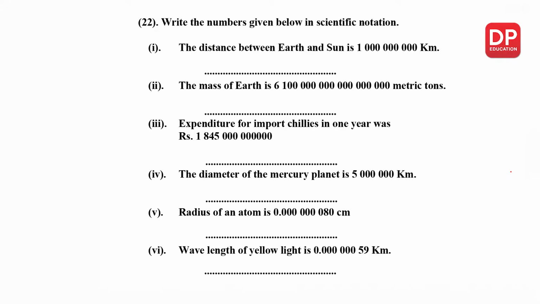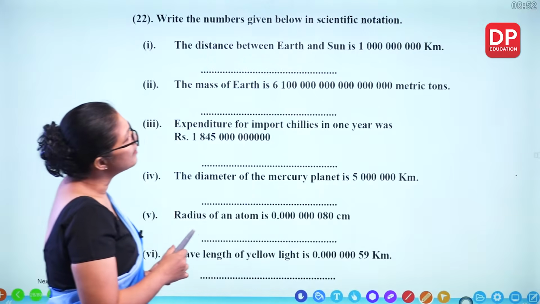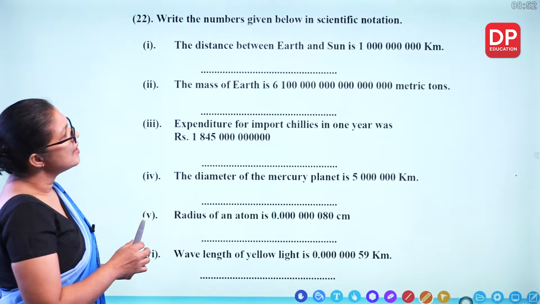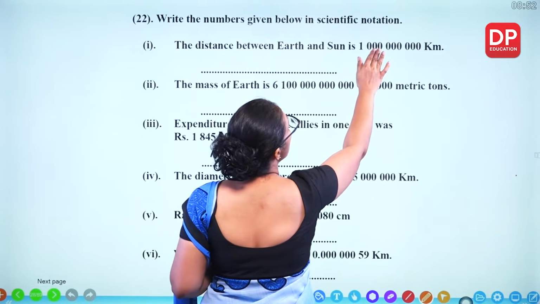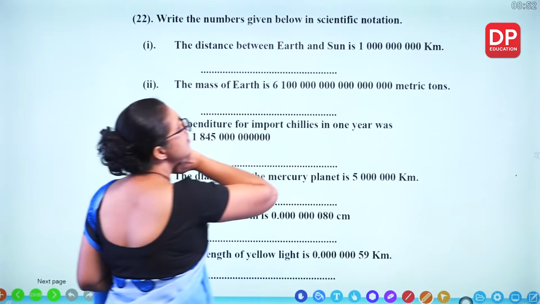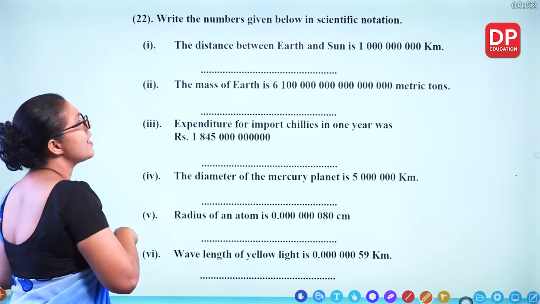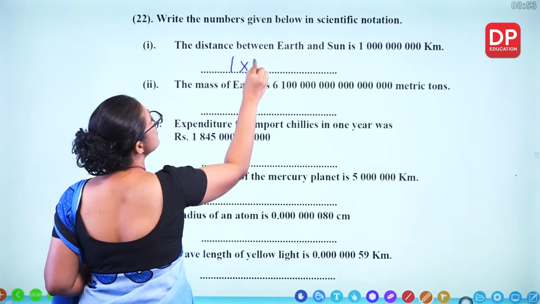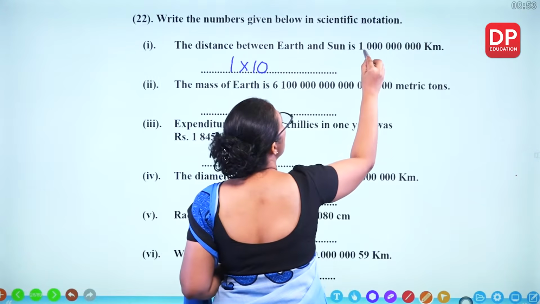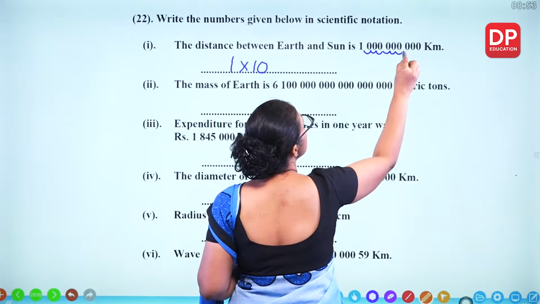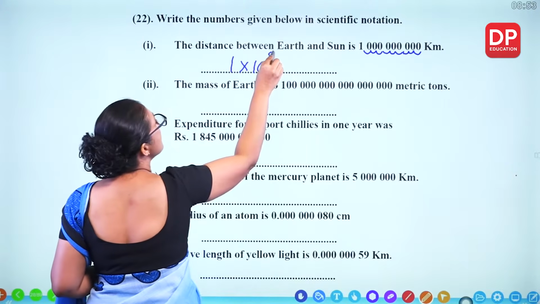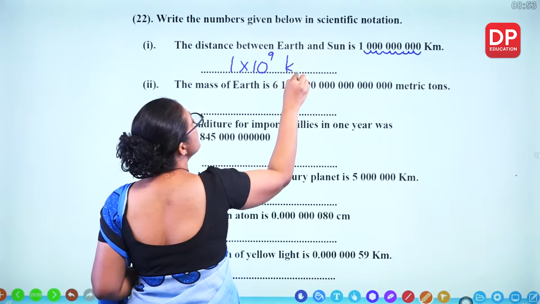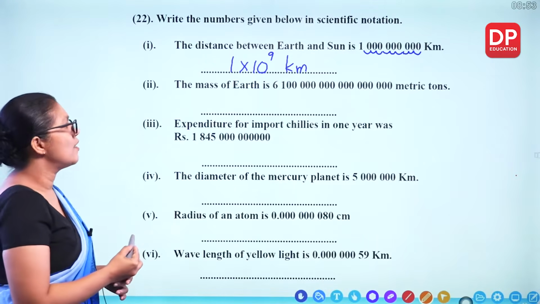Write the numbers given below in scientific notation. The distance between Earth and Sun is 1 with how many zeros? 9 zeros. So what's the value? 1000 million kilometers. So how can you write in standard or scientific notation? 1 times 10 to the power 1, 2, 3, 4, 5, 6, 7, 8, 9 places. So kilometers. 1 times 10 to the power 9 kilometers.